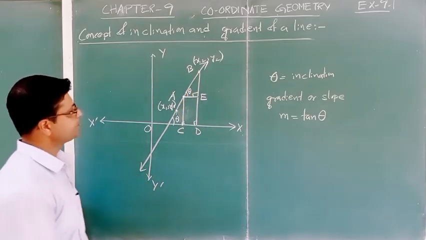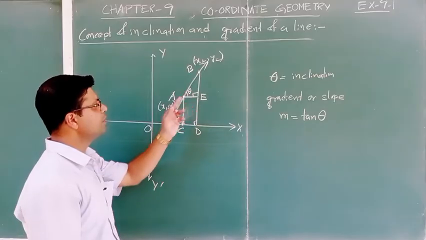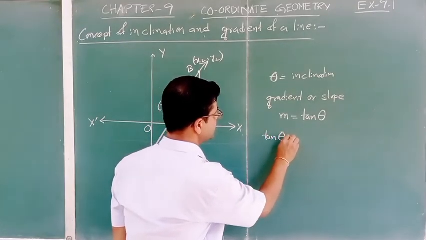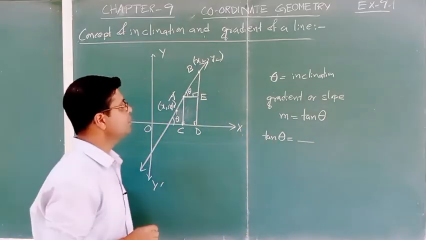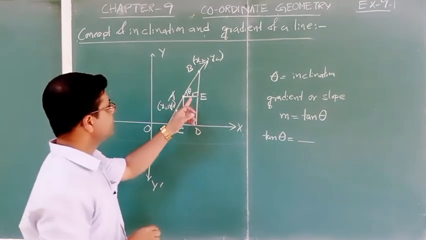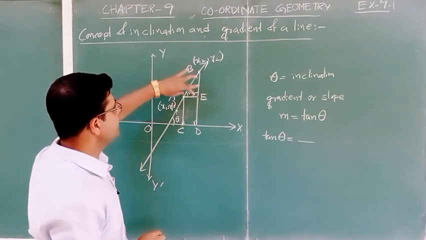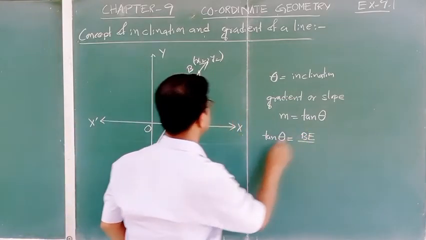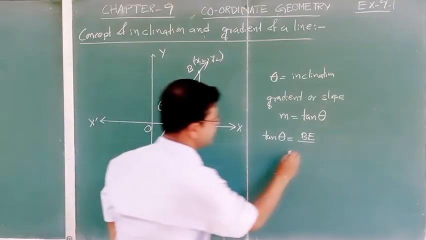Now in this triangle we want to find tan theta. Actually we are finding the slope, in terms of coordinates. Tan means perpendicular by base. The perpendicular is BE and the base is AE.